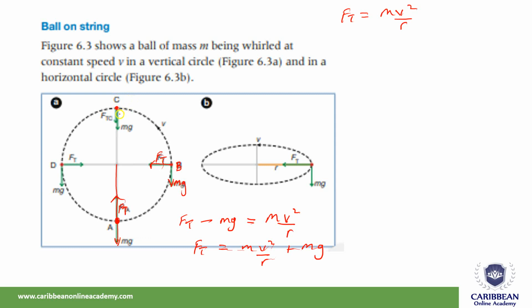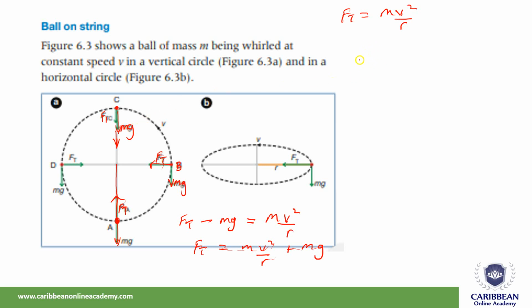Now when we move to point C, we can see that two forces are acting towards the center, right? You have the tension force, which is always acting in this direction, and now based on where the object is located, your weight mg is also acting towards the center. So at this very point, we have two forces acting towards the center.